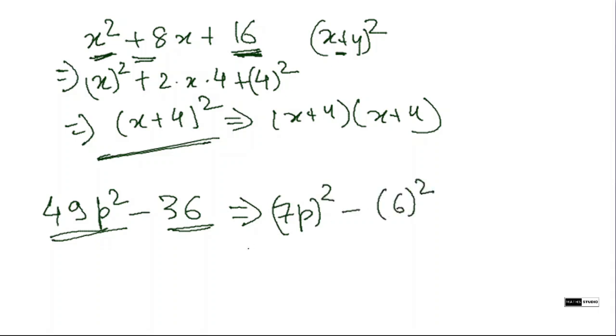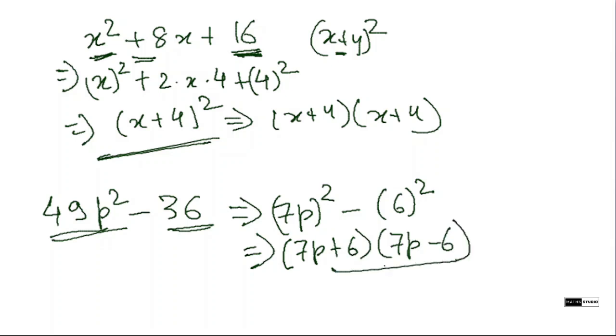And a square minus b square can be written as a plus b into a minus b. That is 7p plus 6 into 7p minus 6. Understood? Okay. Let us look at one more question and let us make it a little more difficult so that we don't have any doubt left.